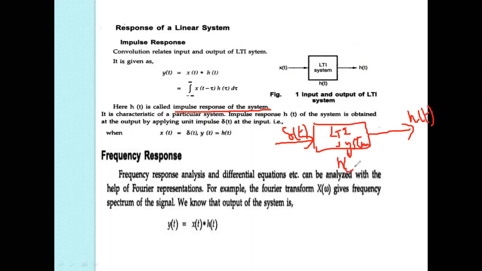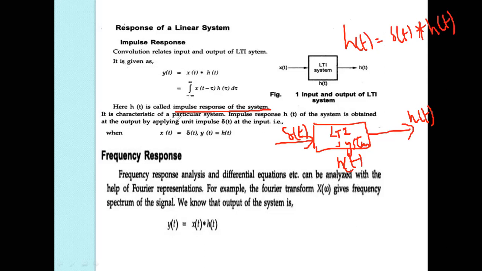As I told in the previous classes, any signal convolved with the impulse function gives the same function: h of t convolved with delta of t gives the same signal.